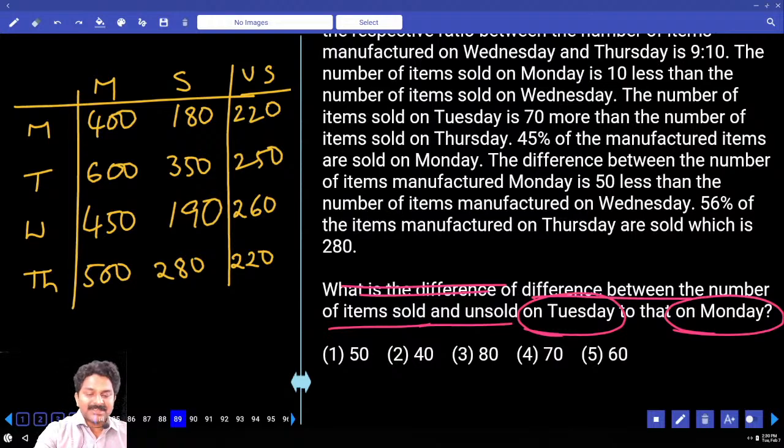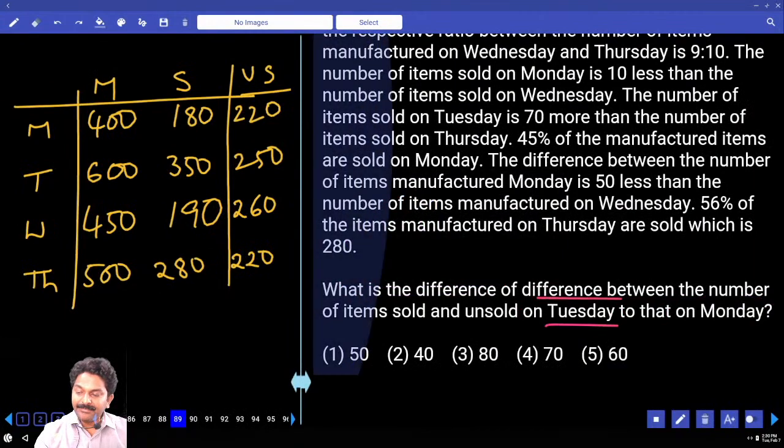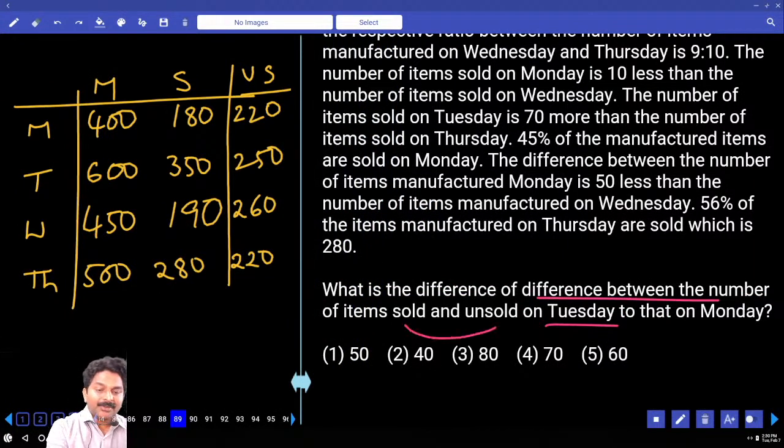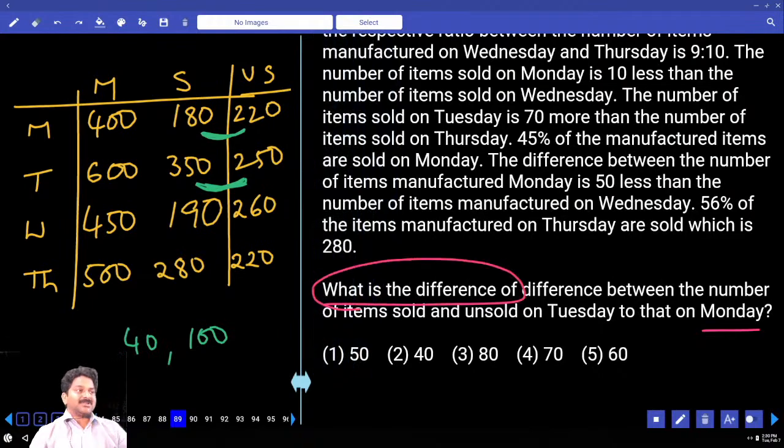Sold and unsold in the sense total only. On Tuesday, the difference between sold and unsold is 100. And on Monday the difference is 40. And we were asked to calculate the difference of these two numbers, 60. Understood?